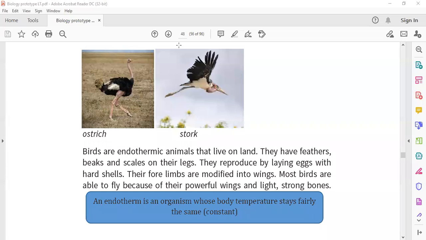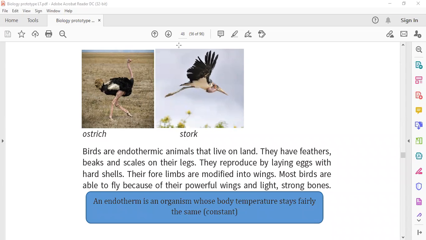They are able to fly because of those wings, and because their bones are light. They have hollow bones. Being hollow makes the bones lighter, and that enables them to fly.